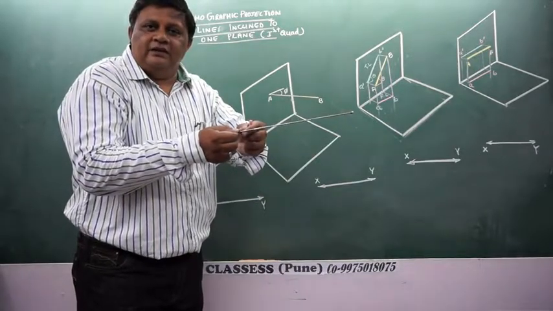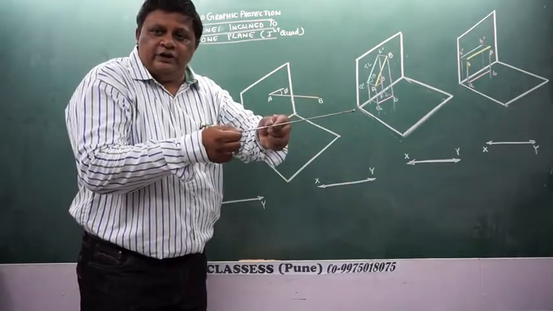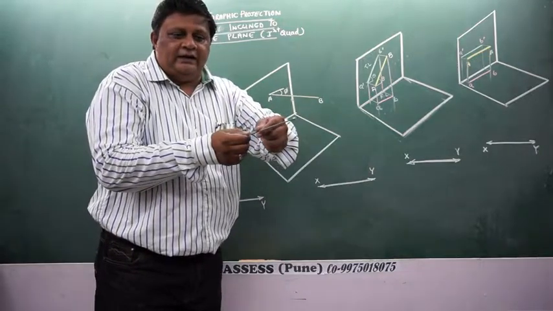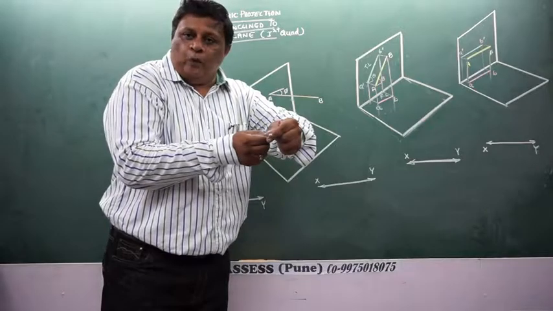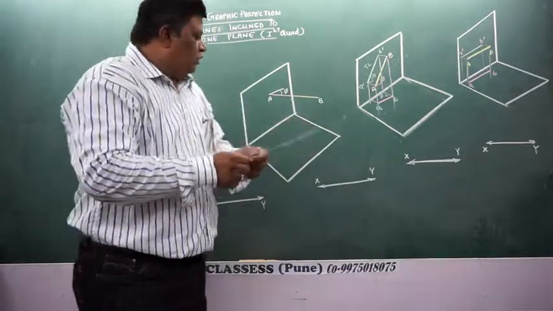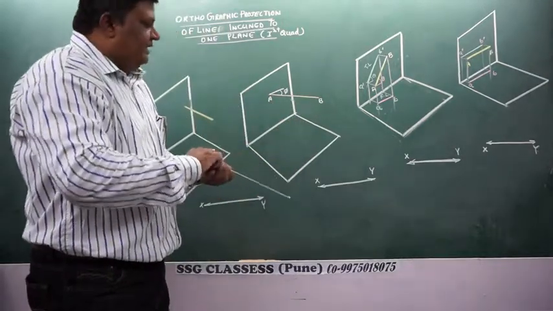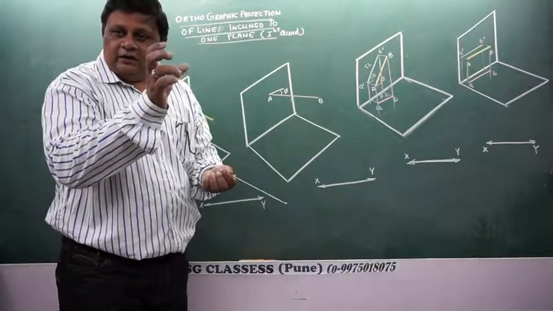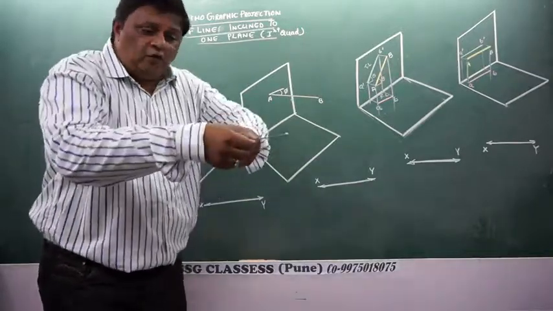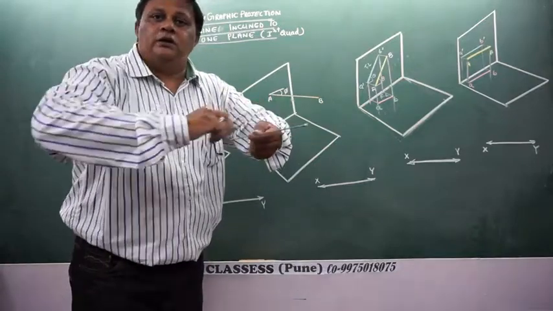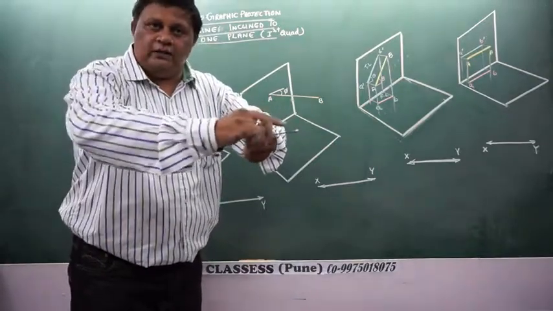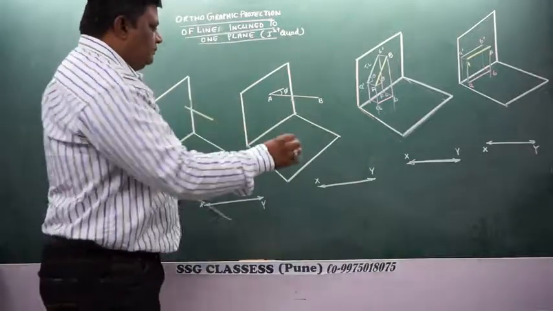How can you see the line? It is reducing, and finally when it is perpendicular to VP, it will appear as a point to you. So in the front view, I will see this line as reduced, whereas in the top view, it will be seen in its actual length, that is the true length. So let us see those projections now.